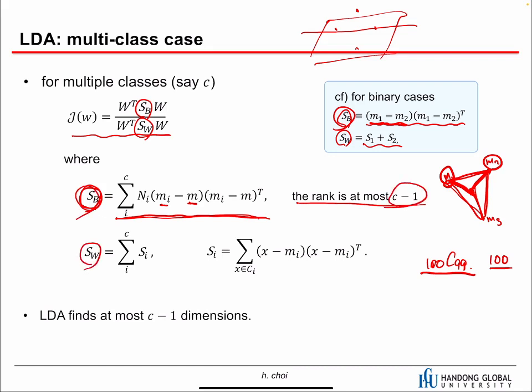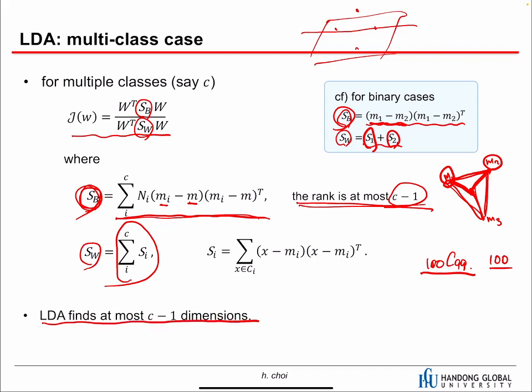And S_W is almost the same. For the binary case, we have S1 and S2, but instead we can just generalize for C classes like this. So as I said here, LDA finds at most C minus 1 dimensions.